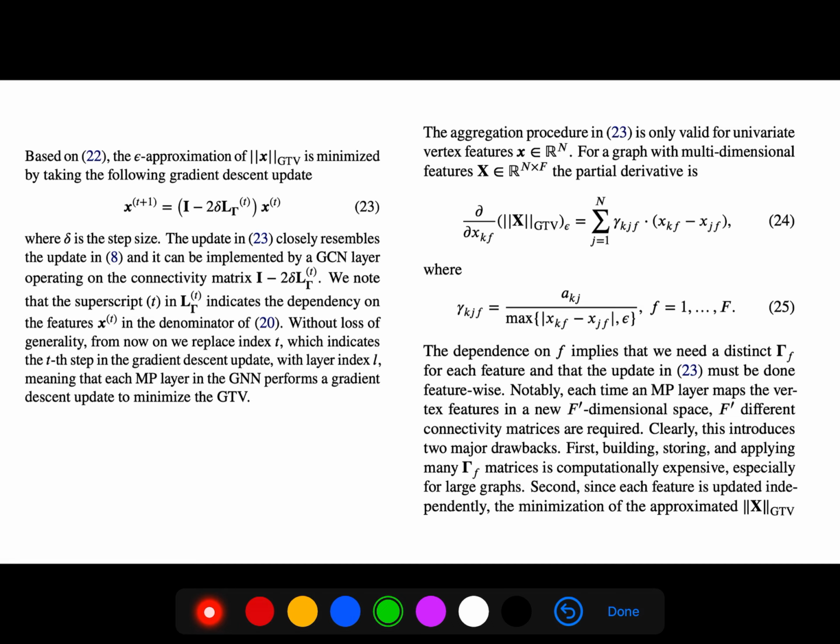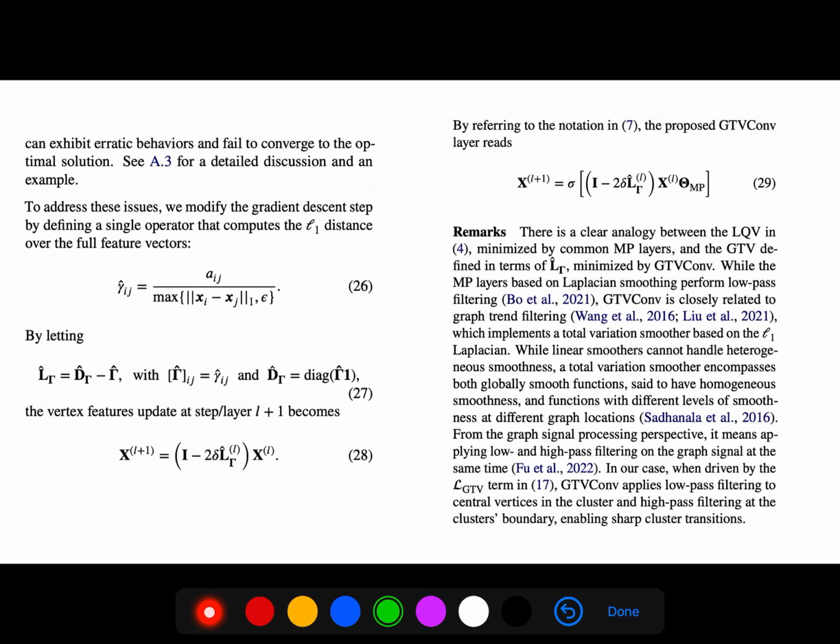The aggregation procedure that we do here is only valid for univariate vertex features. For graphs with multivariate, multidimensional features, the partial derivative is this. So we modify the gradient descent step by defining a single operator that computes the L1 distance over the full feature vectors.